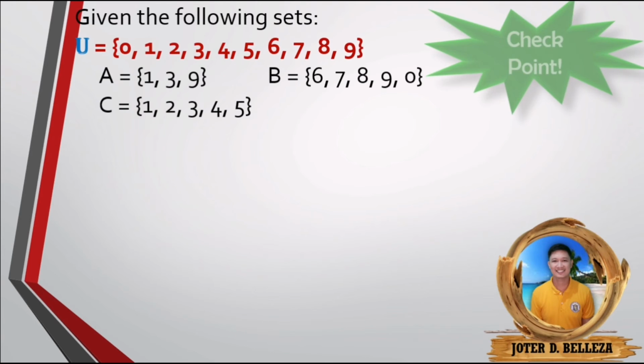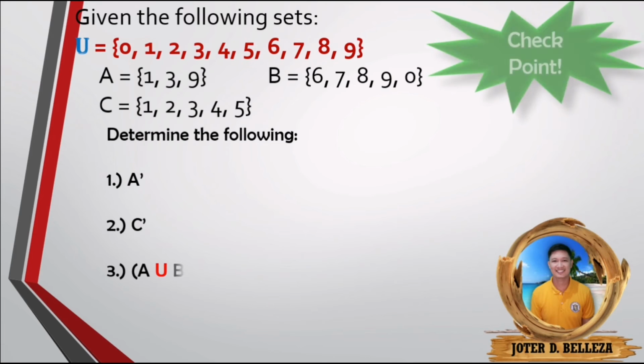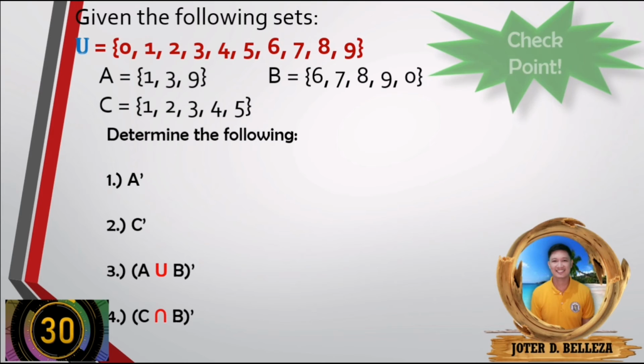So given the following, I want you to determine number 1, the complement of A, number 2, the complement of C, number 3, the complement of the union of A and B, number 4, the complement of the intersection of C and B. Okay? So I think that these are just very easy, okay? I'm gonna give you 30 seconds to answer the following. Your timer starts now.